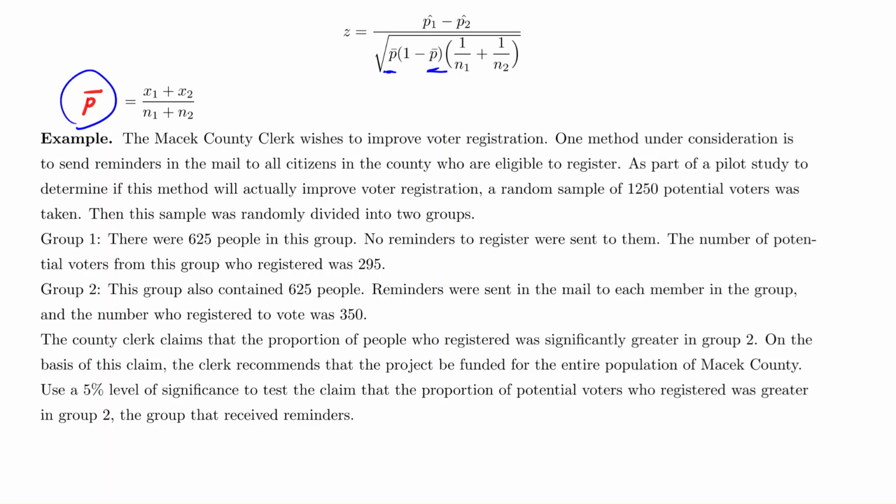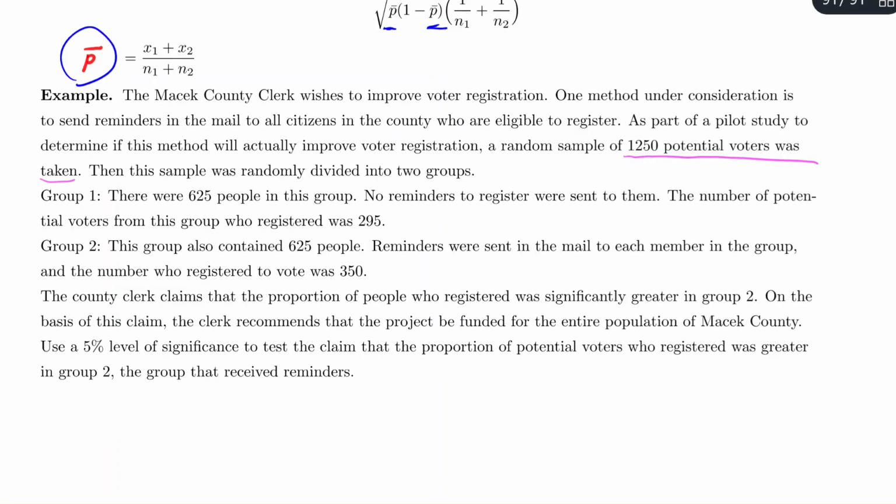As a part of a pilot study to determine if this method would actually improve voter registration, a random sample of 1,250 potential voters were taken. This sample was randomly divided into two groups. So here is group one. Group one, there were 625 in this group.